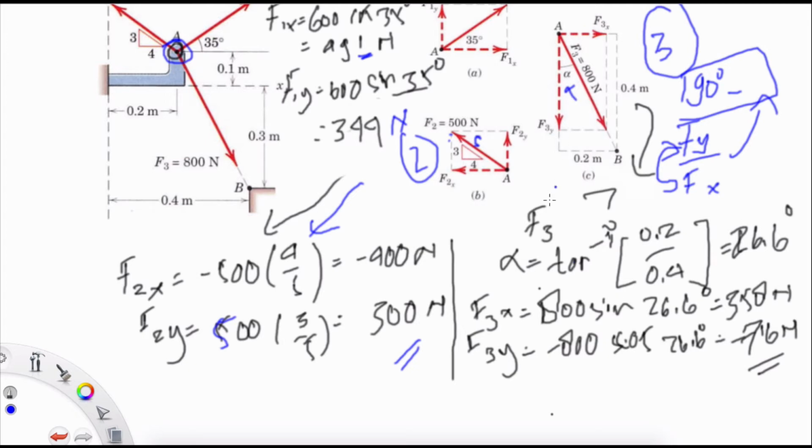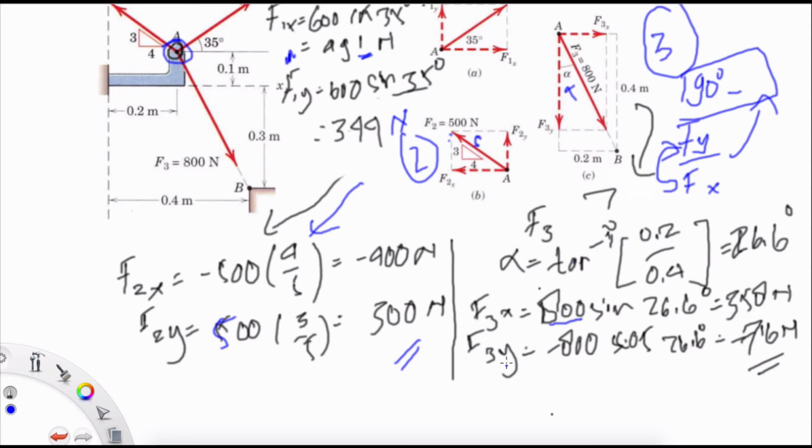We obtained this angle, and then we can continue to find F3, force 3, in the x direction and also in the y direction. We can use the same equation as the first one, 800 sin 26.6 degrees, which will be 358 Newton.